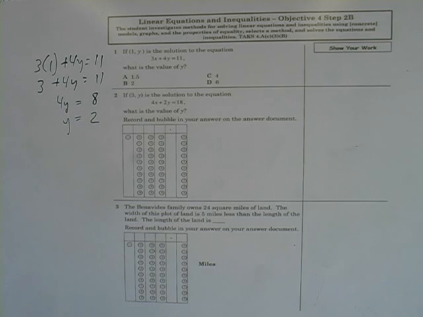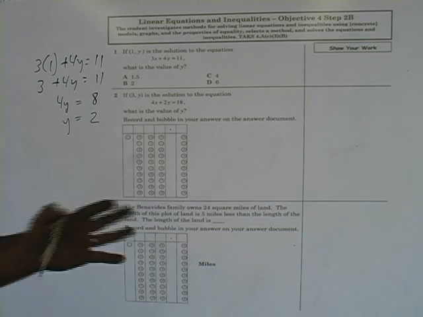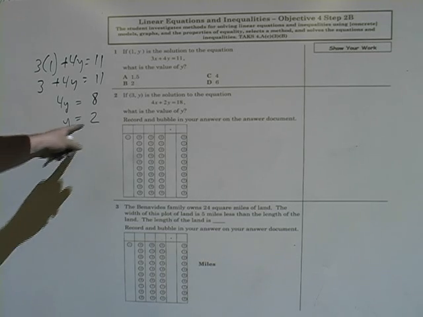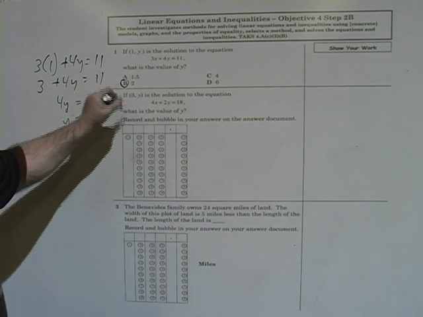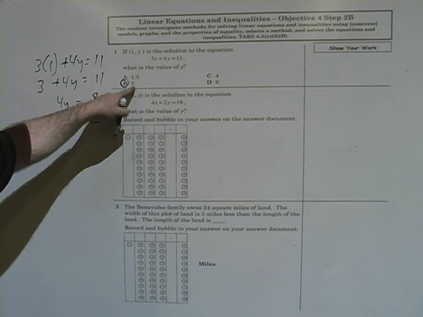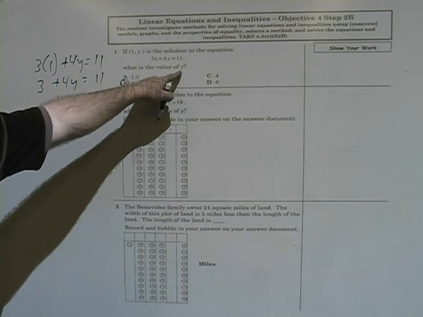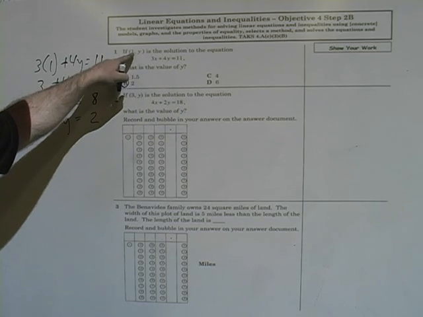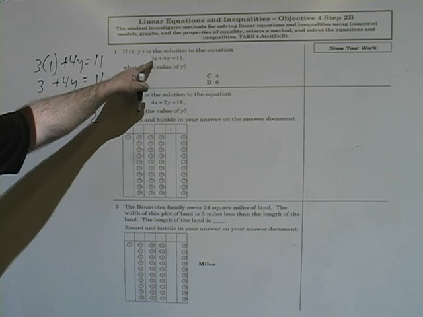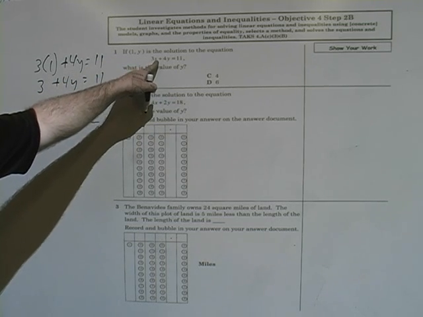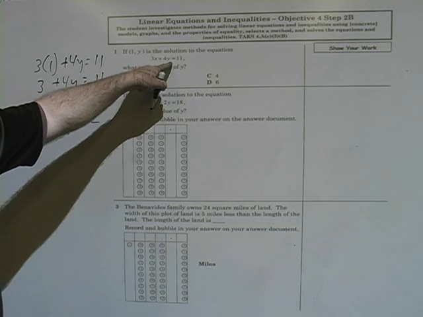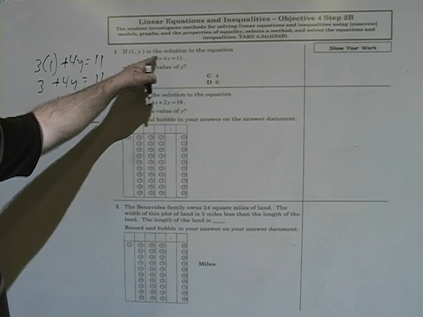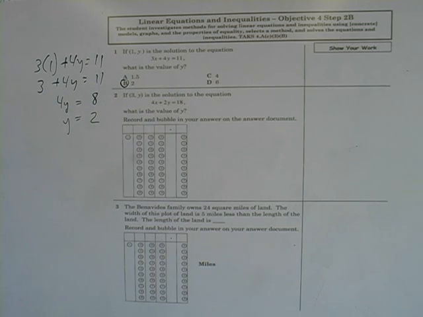Okay? Again, if you don't want to do this algebraically, when you plug this answer in for y, they're asking for y, so when you plug that in for y, 1 comma 2, you would get 3 times 1 is 3, plus 4 times 2 is 8, 3 plus 8 is 11.